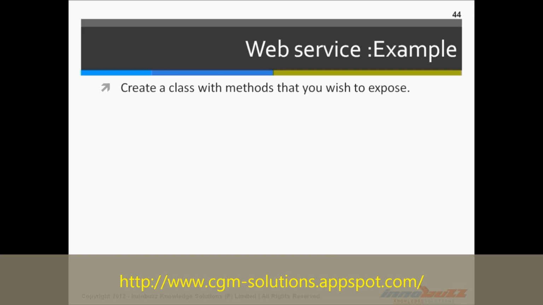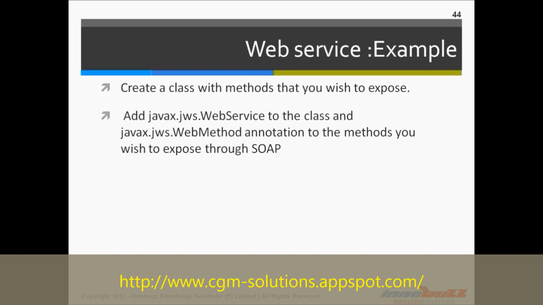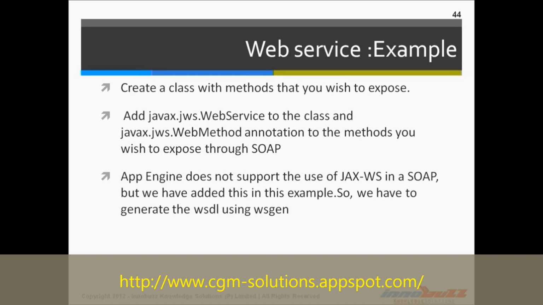First, create a class with methods that you wish to expose. Add @WebService to the class and @WebMethod annotation to the method you wish to expose through SOAP. App Engine does not support the use of JAX-WS in a SOAP, but as we have added this in our example, @WebService and @WebMethod, we have to generate the WSDL using the wsgen tool.